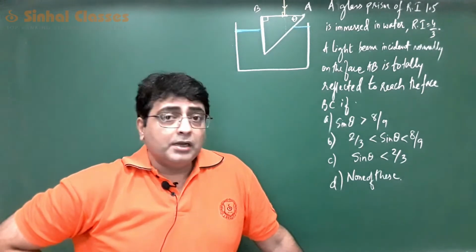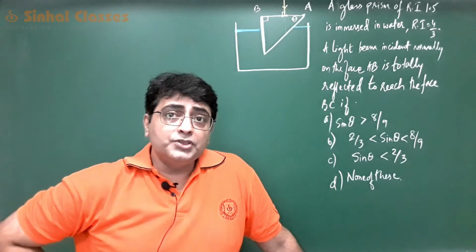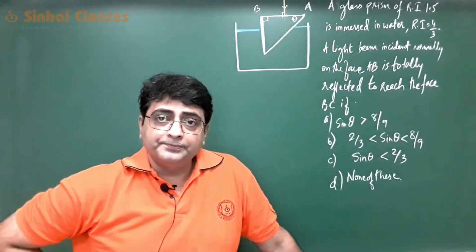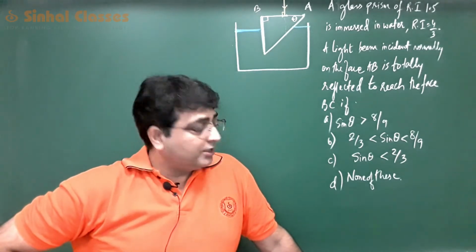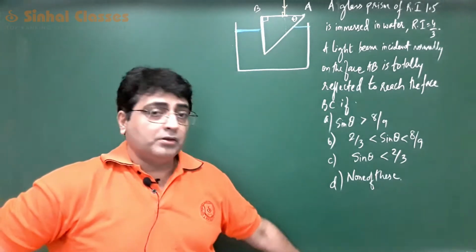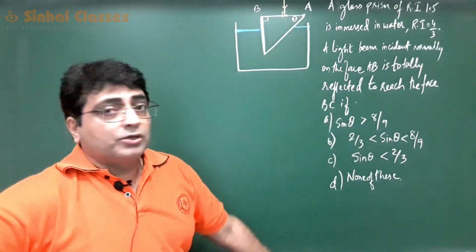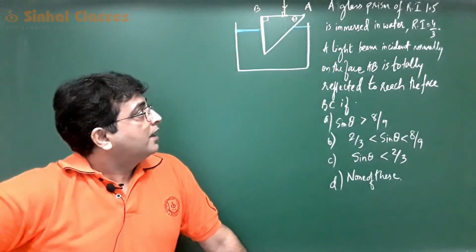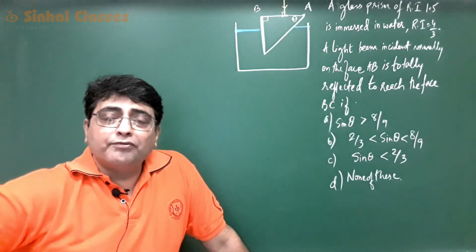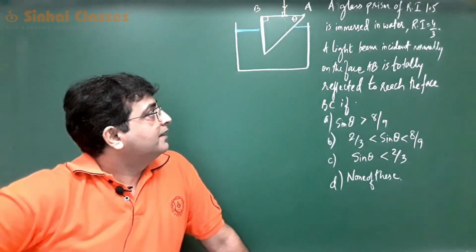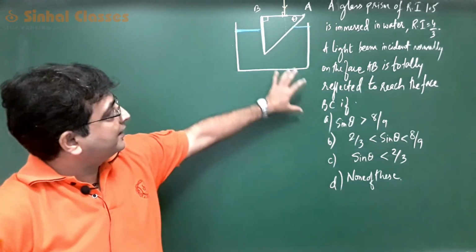And very important, if you look at the options students, look at option B in this case, they've given none of these. Okay, so let us read the question and then I'll speak about none of these. Please pay attention, students. The question is based on optics. A glass prism of refractive index 1.5, that means 3 by 2, is immersed in water, and let's look at the diagram.